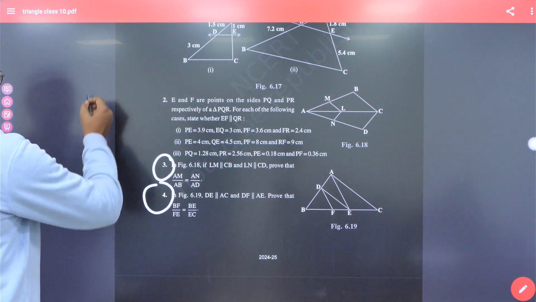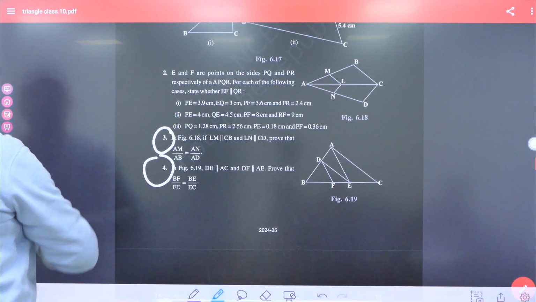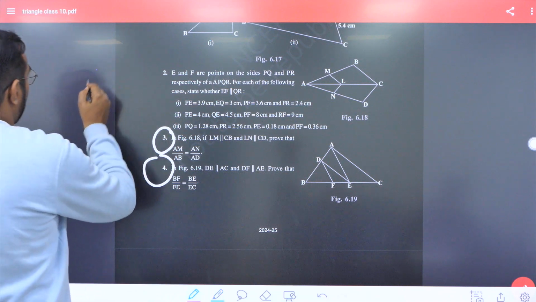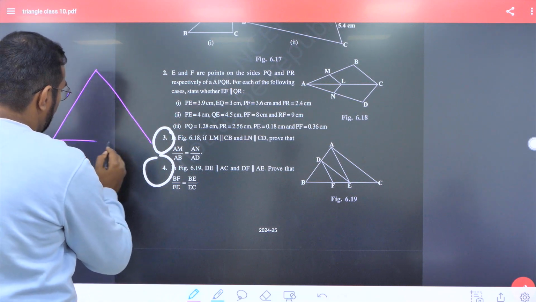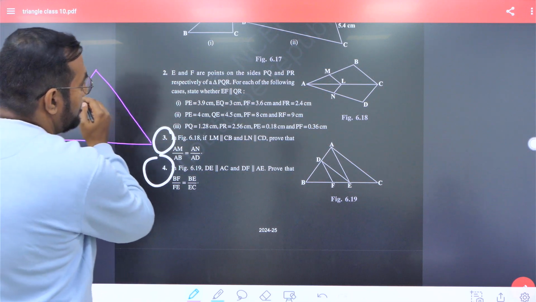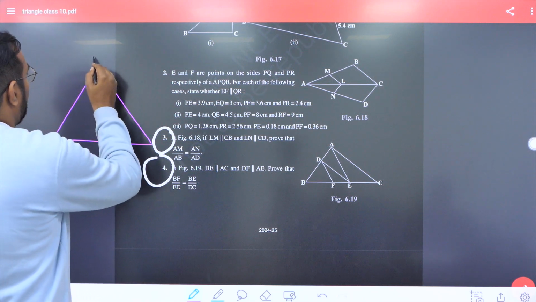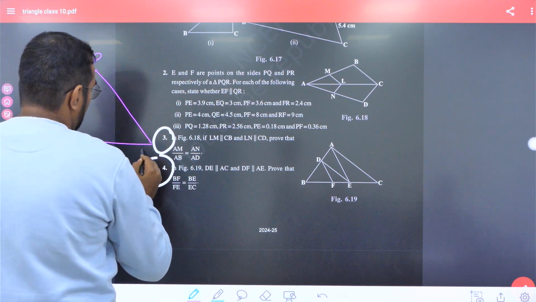So first of all we will draw a triangle. Okay. So here we have a triangle. Its name is PQR.